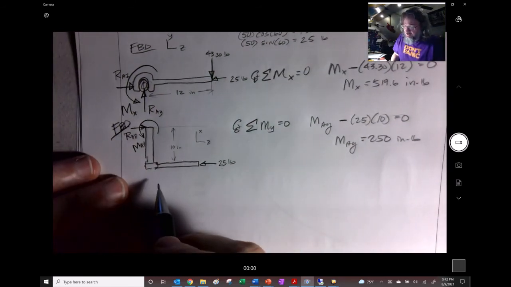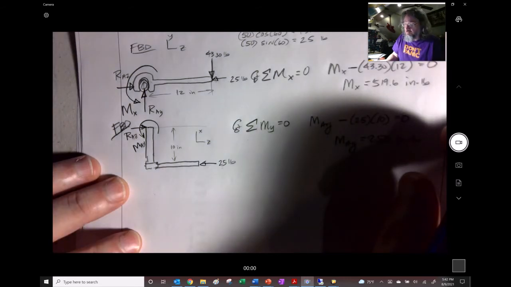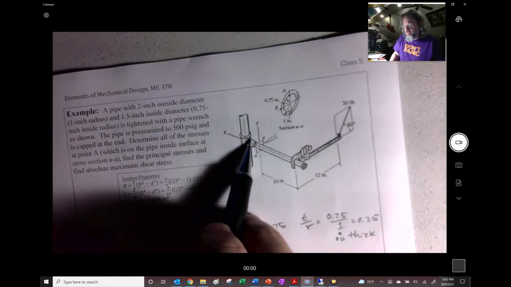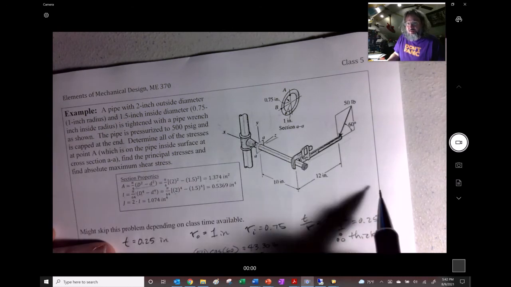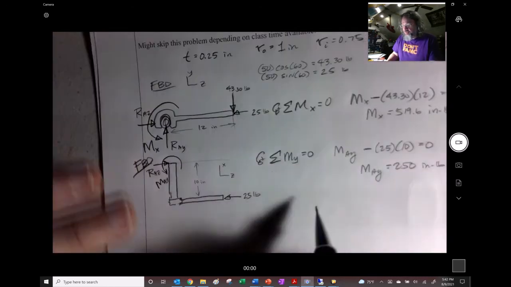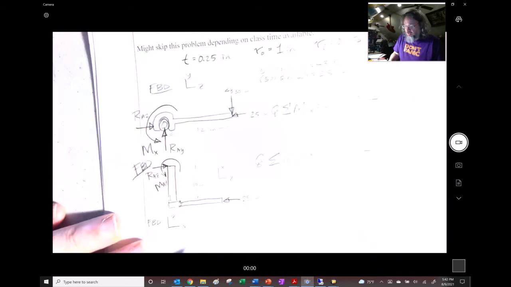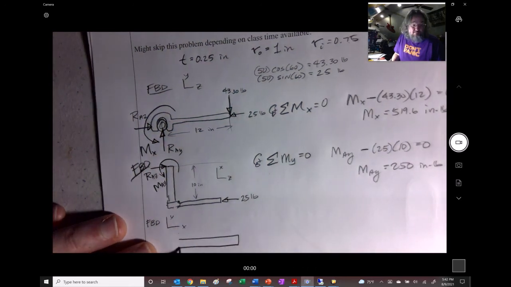And then lastly, we want to take a look at the XY plane, and it's weird because we're almost tempted to go that way right there. Normally we would have this direction as our XY for the FBD, so we're kind of turning it around and looking at it like that.